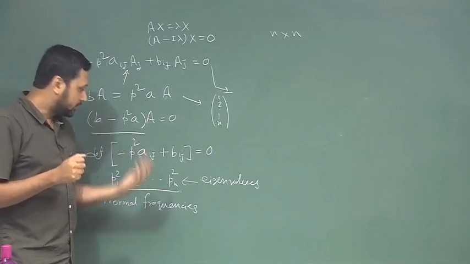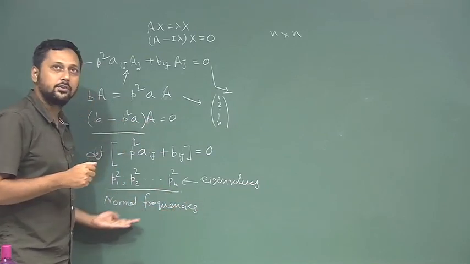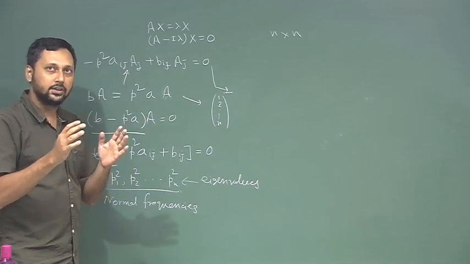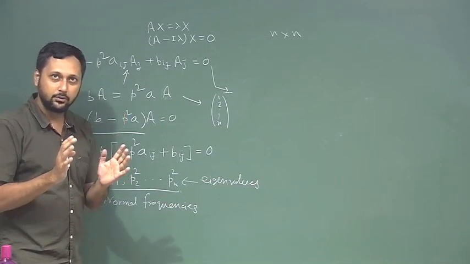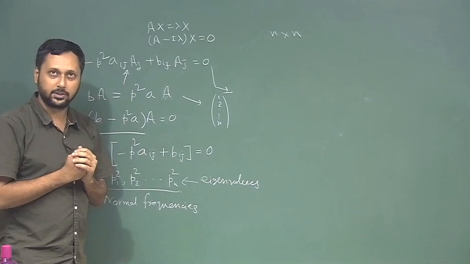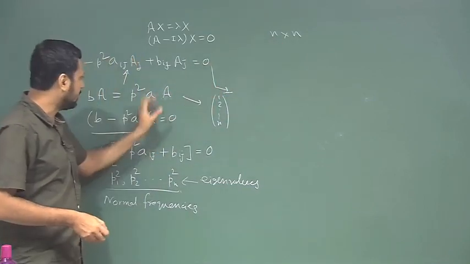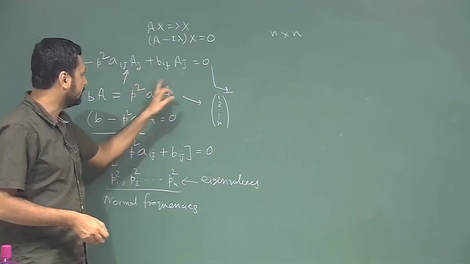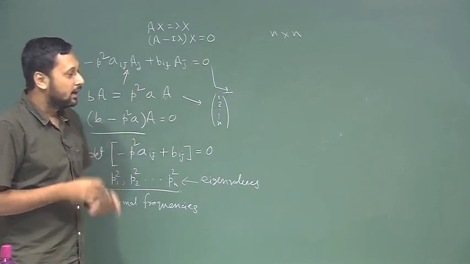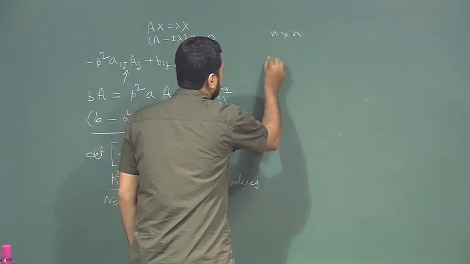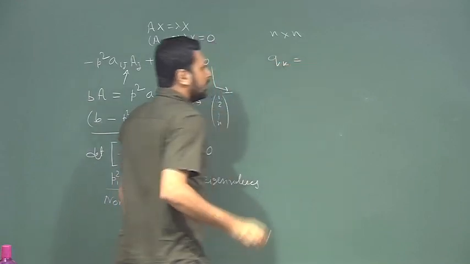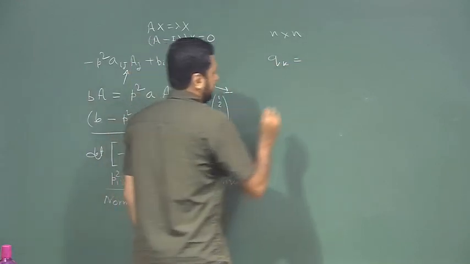So, for 3 normal frequencies, we need 3 into 3, that is 9 amplitude values, to get the full description. That is why the total number of amplitude elements will be n into n.